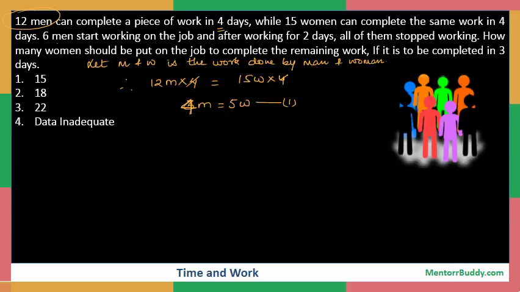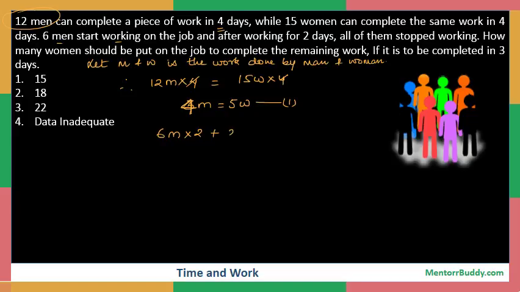Now it is given that 6 men start working on the job, and after working for 2 days all of them stopped working. So 6 men working for 2 days finished this much of the work, and the remaining work should be done by the women. And the question is, how many women should be put on the job?